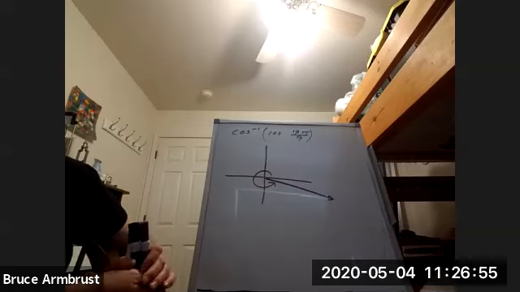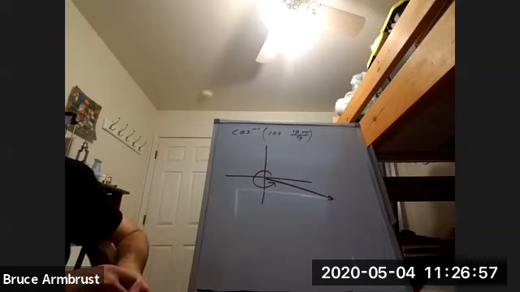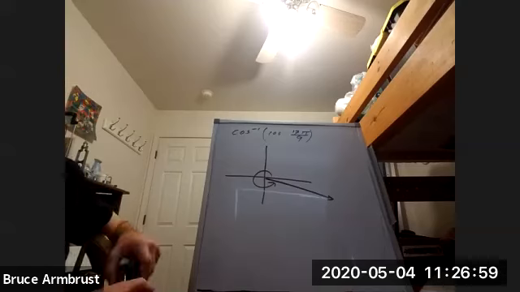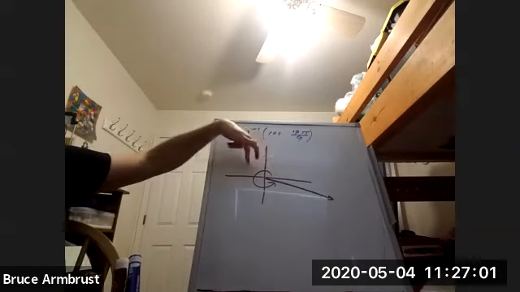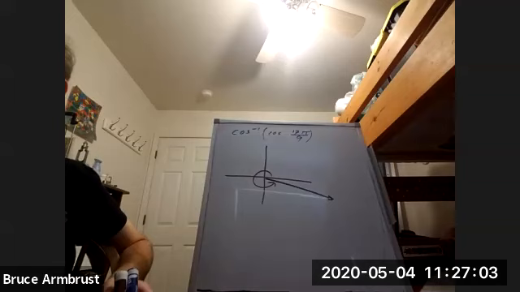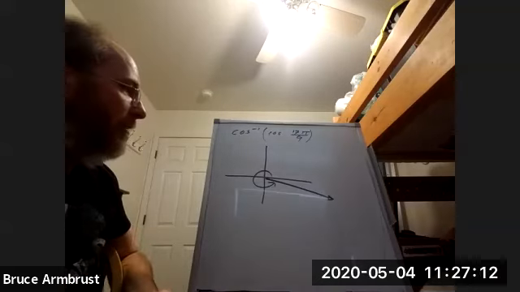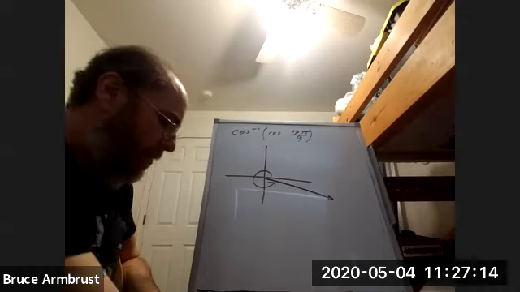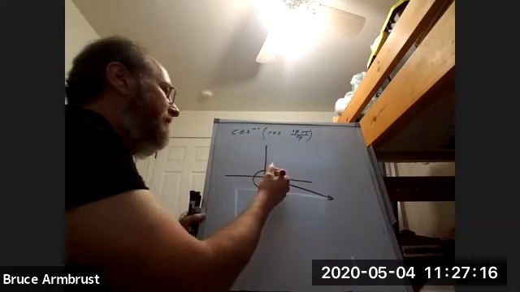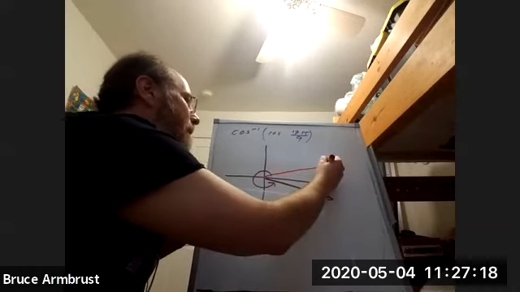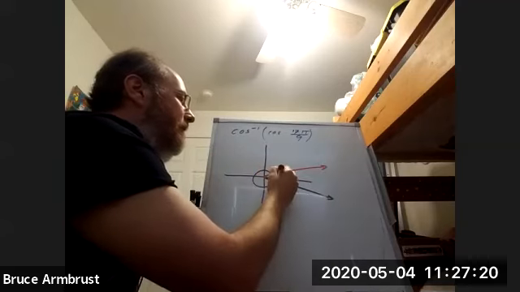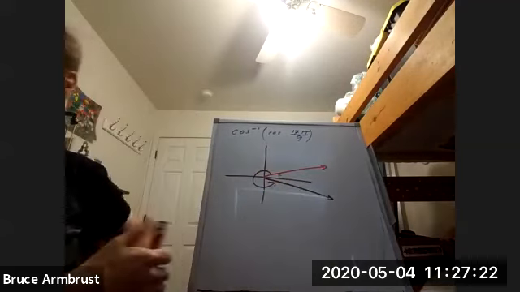All right, so I got a couple of people chiming in with positive. Good, so it's positive, which means I need to find an angle in the first or second quadrant that's also positive, which of course means I need the one in the first quadrant, because in the first quadrant, everything is positive. So really what I'm looking for then is this angle that's got the same symmetry.